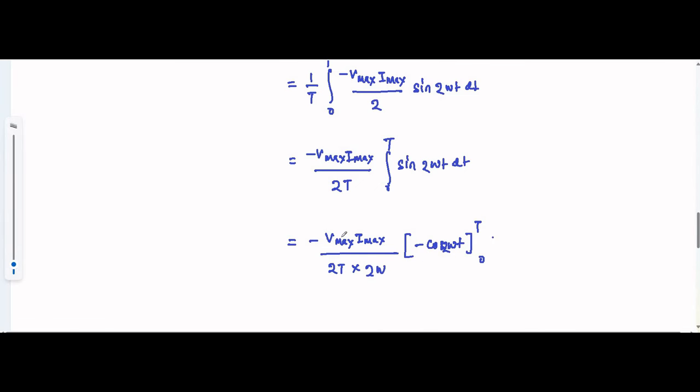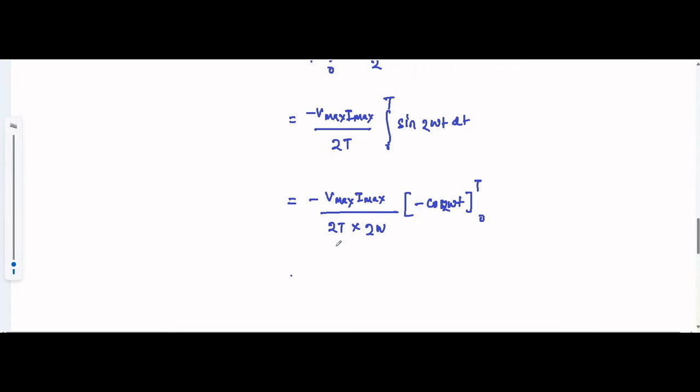So 1 by 2 omega minus cos 2 omega t. Now this becomes minus Vmax Imax by 4 omega T, and this minus will go outside and become plus. So this will be cos 2 omega T minus cos 0.